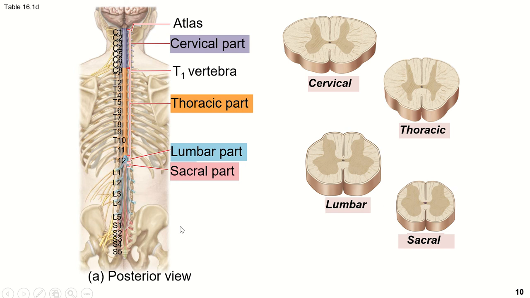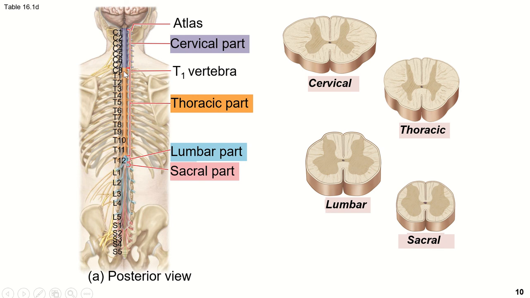And that makes sense because the sacral portion of the spinal cord, for example, only needs to carry signals from the bottom of the body up to the brain and then back down from the brain. Whereas the cervical portion of the spinal cord needs to carry all the signals from the trunk, from the arms and the legs, everything that is going up to the brain and from the brain down to the body.